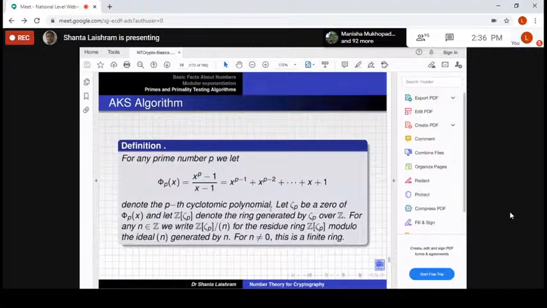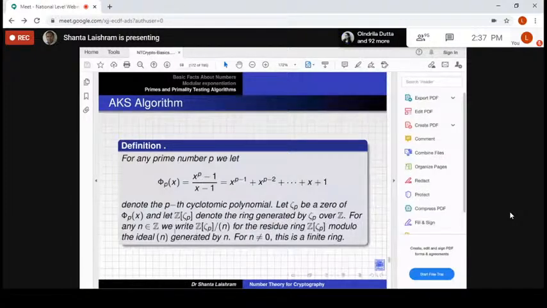If you know some ring theory or field theory, you look at the ring generated over the integers by zeta p. So this is a ring. Basically, it consists of polynomials in zeta p with integer coefficients.